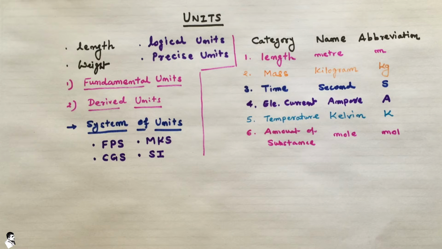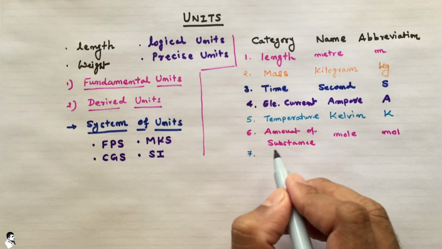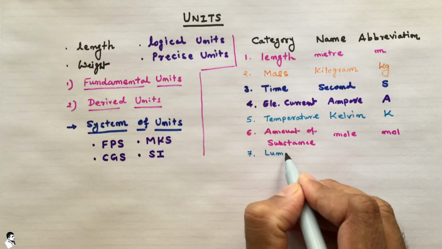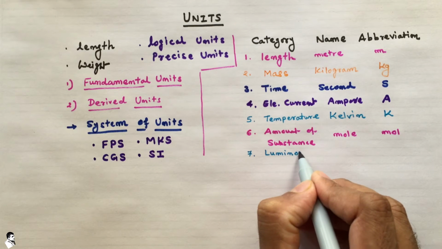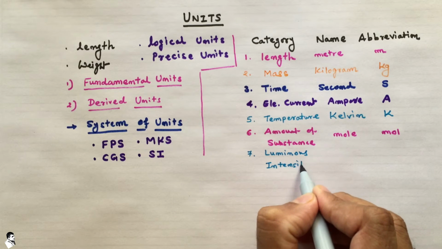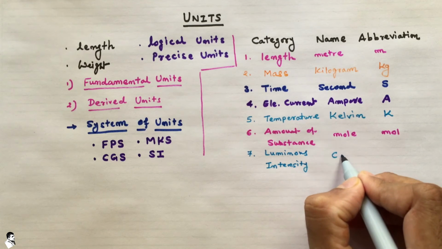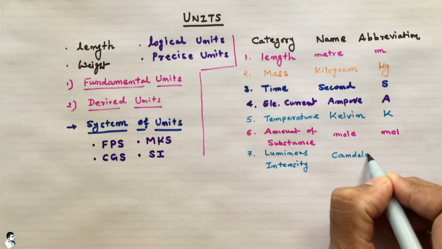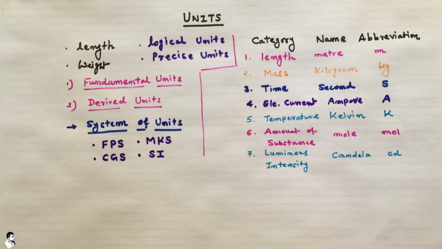Now the last one, number 7, is luminous intensity, candela, small c d. So these are the abbreviations, categories and unit names that we generally mention in the SI units.